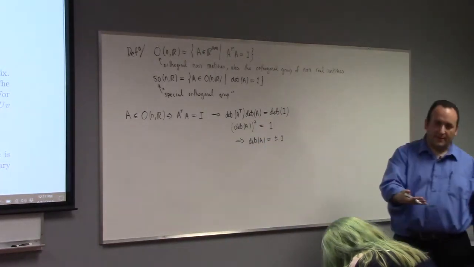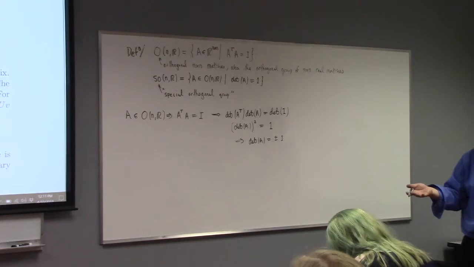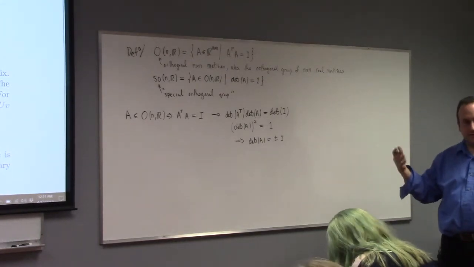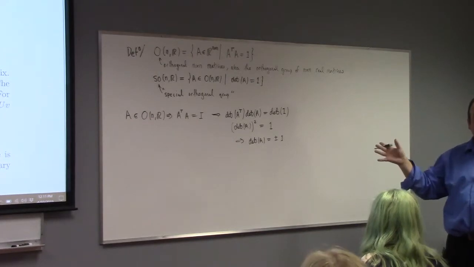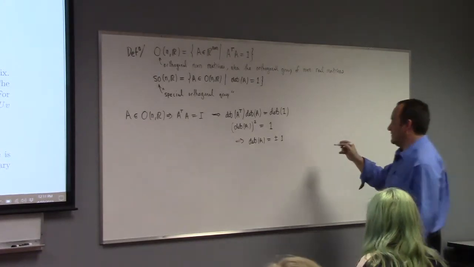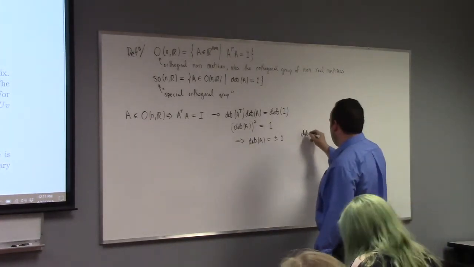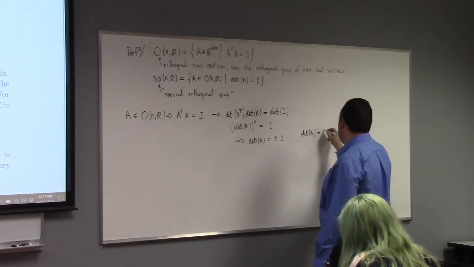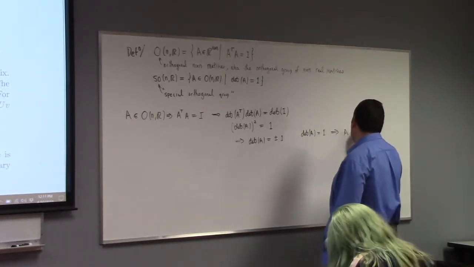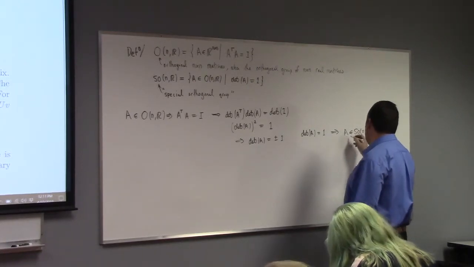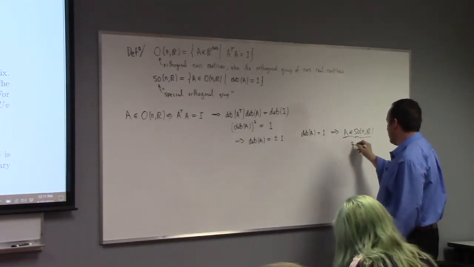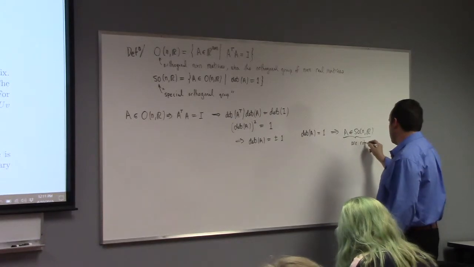So half of O(n, R) is what we call SO(n). That's the half of the orthogonal group which is determinant 1 matrices. Those correspond to rotations. So it turns out determinant of A equals 1 implies that A is an element of SO(n, R). And when you look at that geometrically, it turns out that these are rotations.